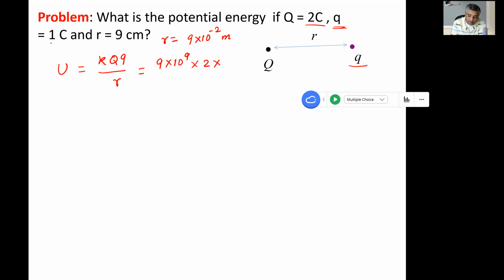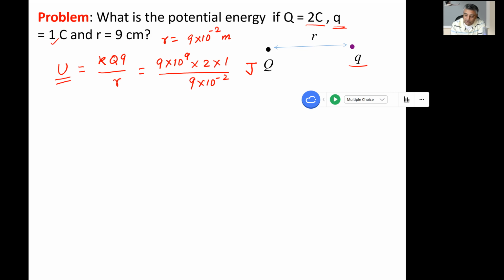Small q is 1. And R is 9 centimeter, which means 9 times 10 to the power negative 2. Once we write everything in SI, the energy is going to have the unit joule. Unit conversion is a little difficult in electricity especially, so if you can keep track of those, you should be fine. So that's the potential energy.